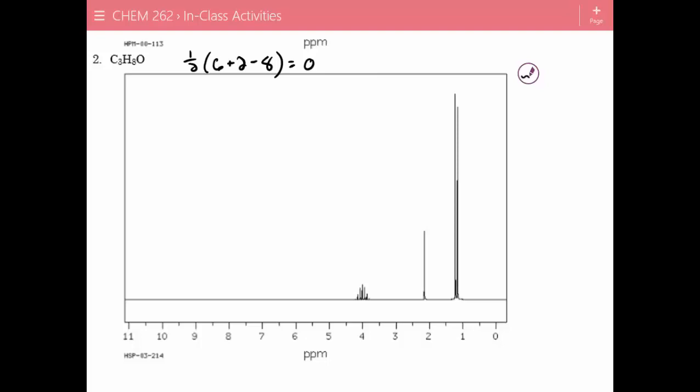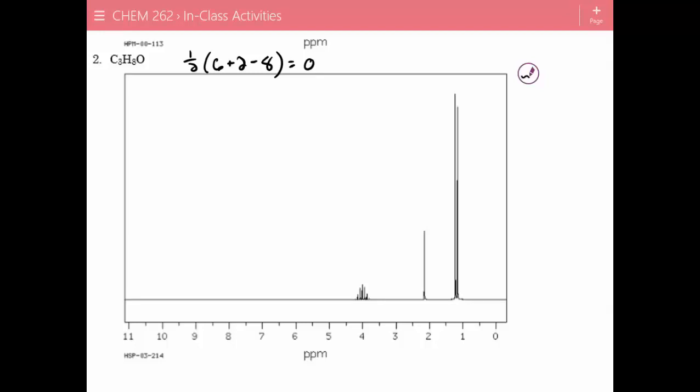It looks like we've got what sort of peak around 4? It's a little hard to tell sometimes with these, but the key is if you look at that center peak, it's got to either be a pentet, meaning split into 5, or split into 7, right? Because it's unsymmetric.